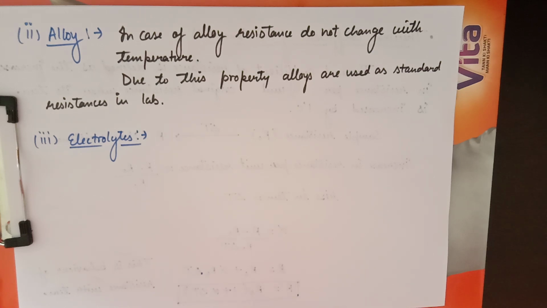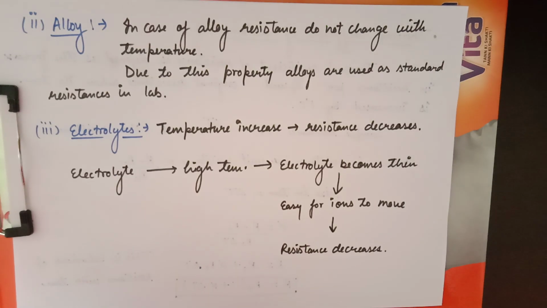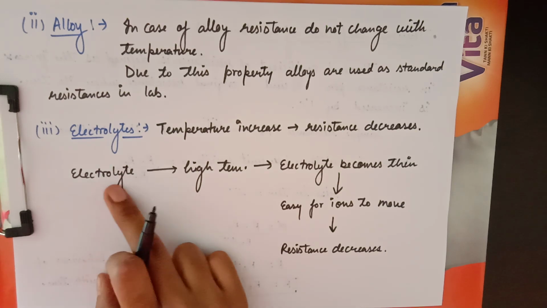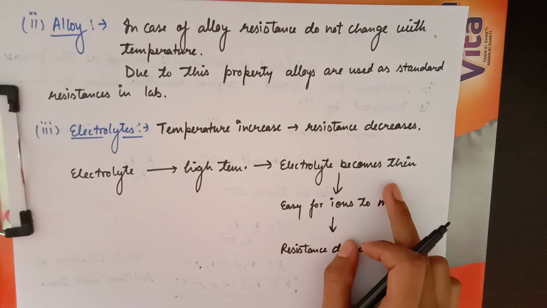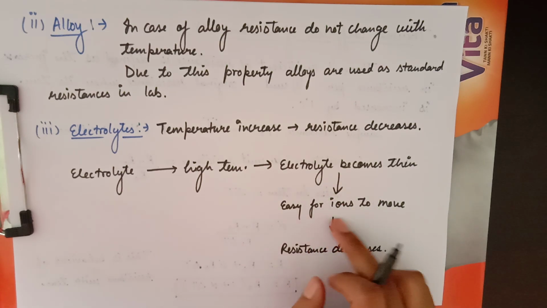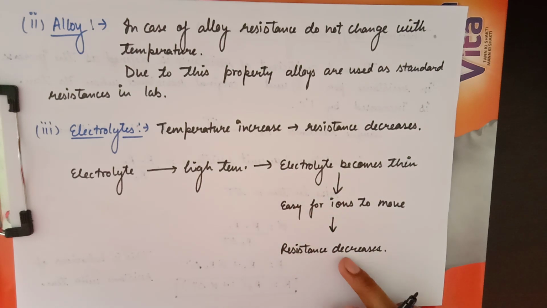So as we increase the temperature of electrolyte, the resistivity will decrease. It can be shown with the help of the following diagram. If electrolyte is exposed to a higher temperature, then electrolyte becomes thin and it is easy for ions to move here and there in thin electrolyte, so resistance decreases.